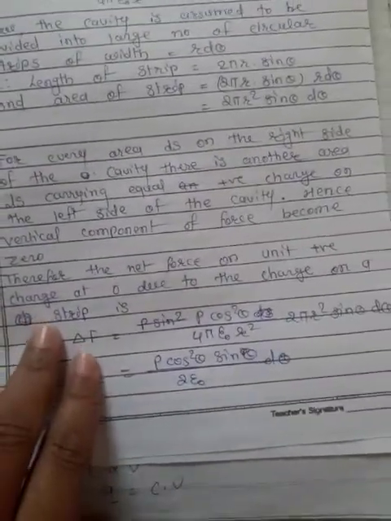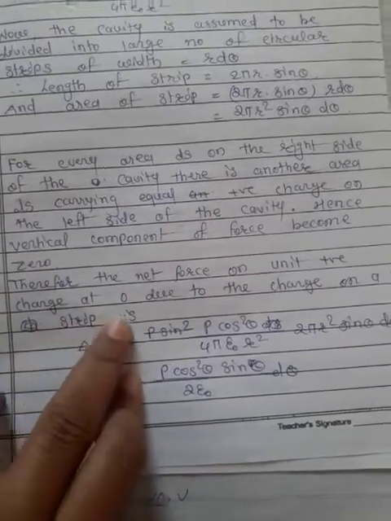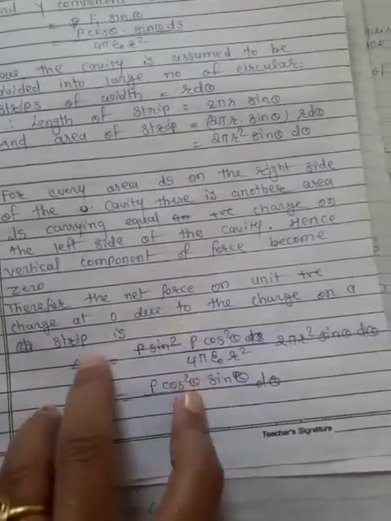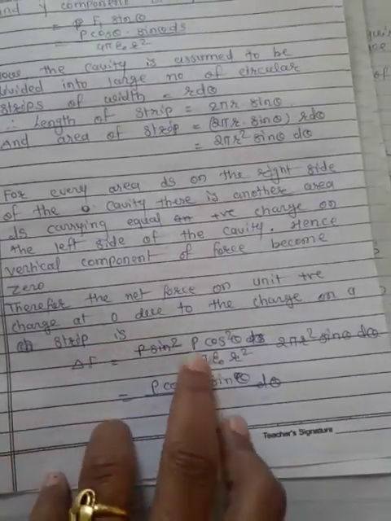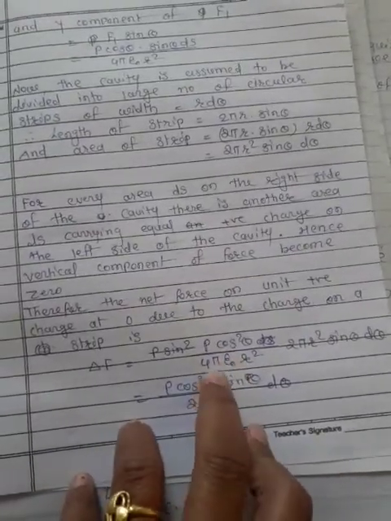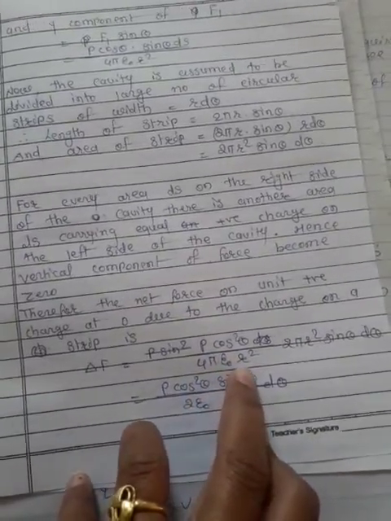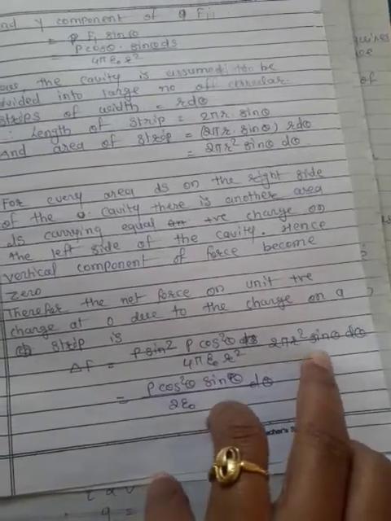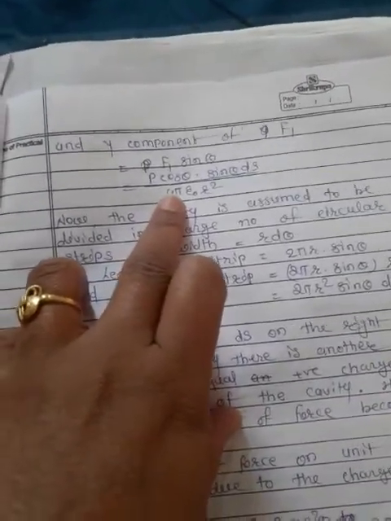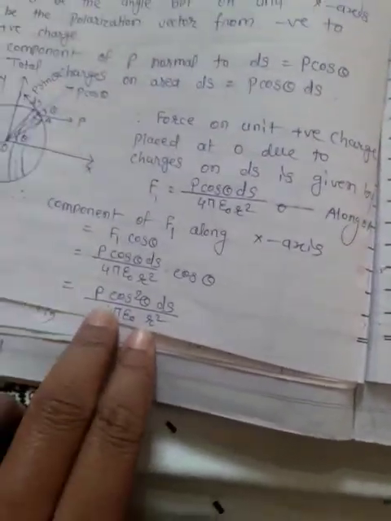Therefore, the net force on the unit positive charge at O due to the charge on the strips is P cos square theta upon 4 pi epsilon naught r square into 2 pi r sin theta ds. The y component becomes 0, and we get only the horizontal component of the force.